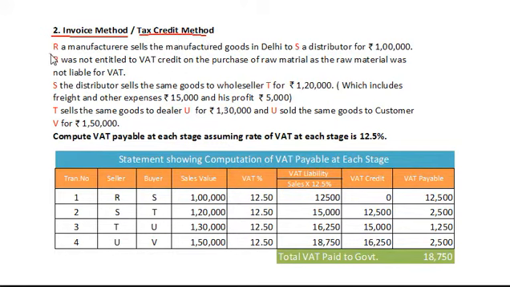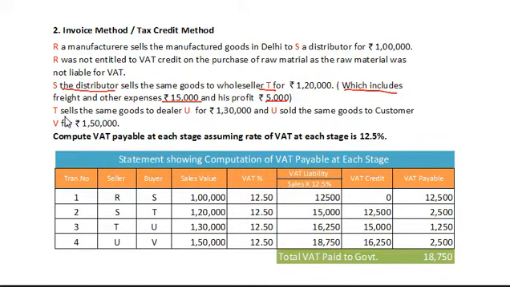Now we will see the second method of computation of VAT, that is invoice method or tax credit method. Let us understand this method by taking one example. R, a manufacturer, sells the manufactured goods in Delhi to S, a distributor, for rupees 1 lakh. R was not entitled to VAT credit on the purchase of raw material, as the raw material was not liable for VAT. S, the distributor, sells the same goods to wholesaler T for rupees 1,20,000, which includes freight and other expenses rupees 15,000 and his profit rupees 5,000.